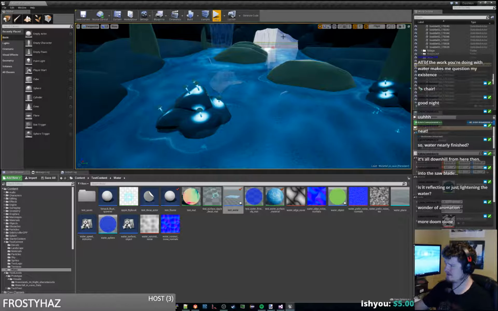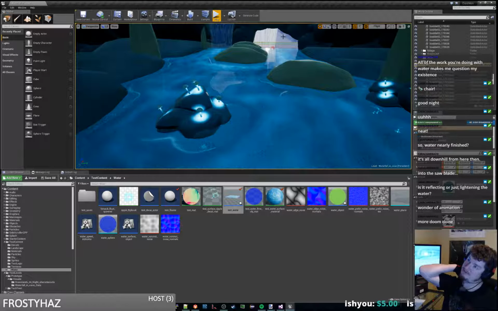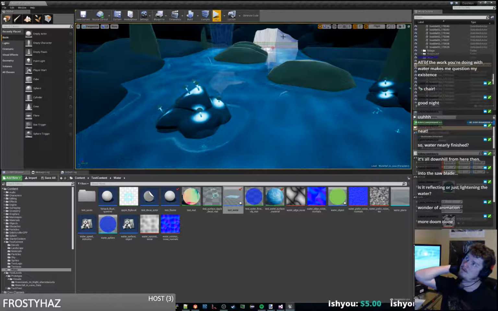So why is that? It has to do with the masking effect, because it's 0.5 there.